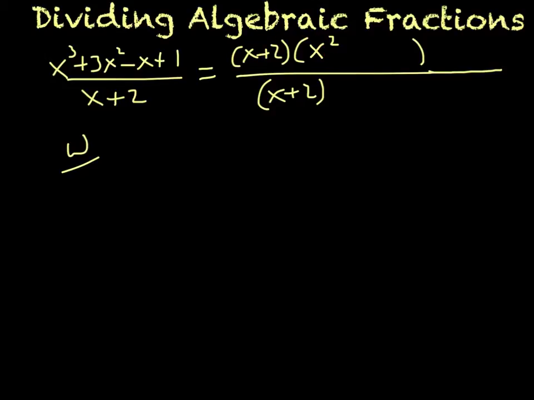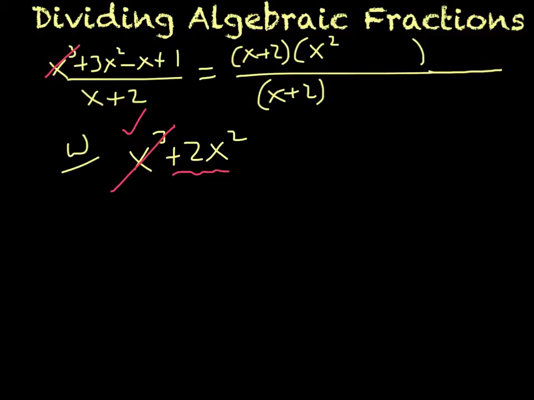So what I'm going to do with this working section is, if I was to leave this as it was and multiply out those two brackets, I would get x cubed plus 2x squared. How does that compare with what we have? Well, we have an x cubed, so this is fantastic. We're now going to look to the next section, so the next power.